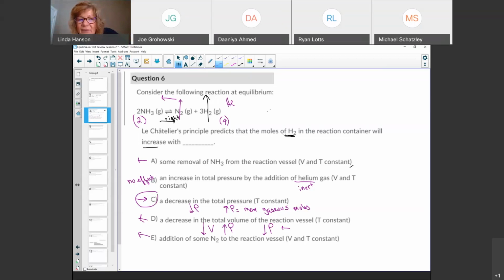Let me pause and give you a moment of think time over Le Chatelier and see if there's any other concept you wanted to bring in before we move to some more calculation type questions. Comments, turn your mic on or put it in the chat.